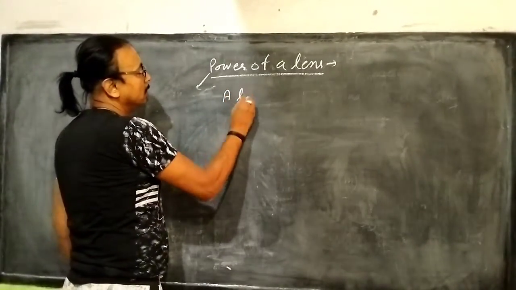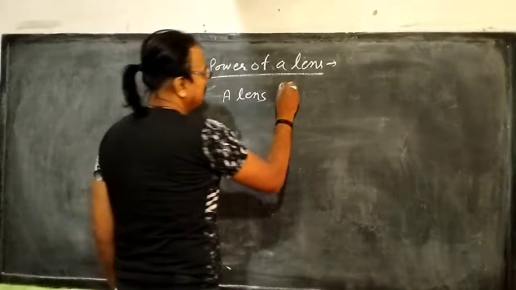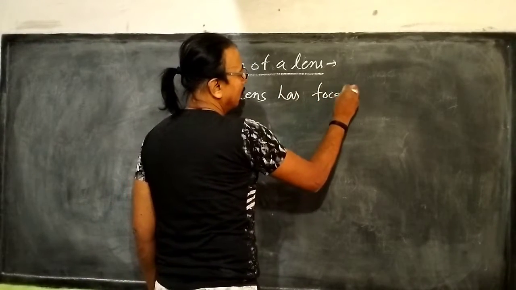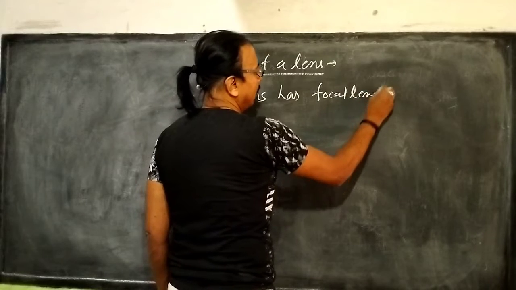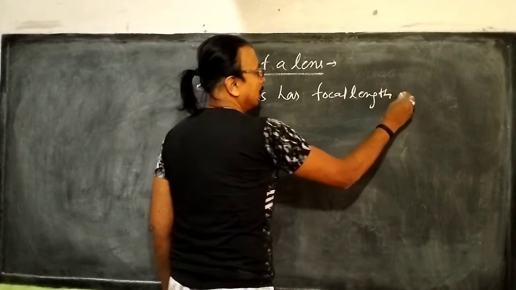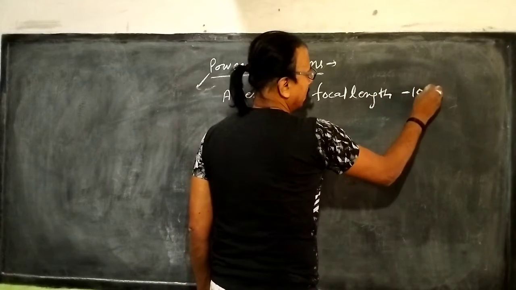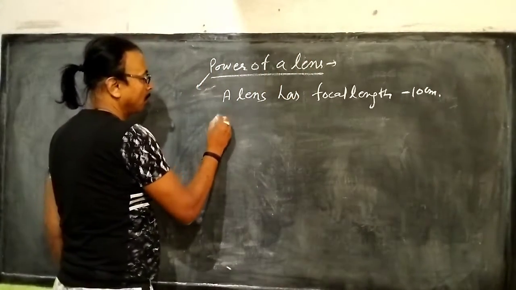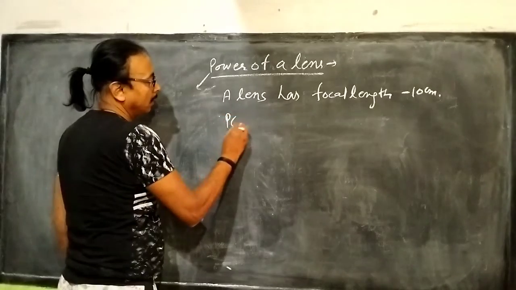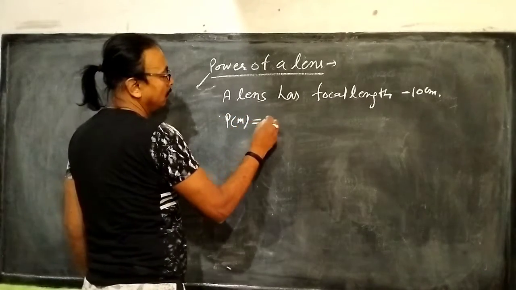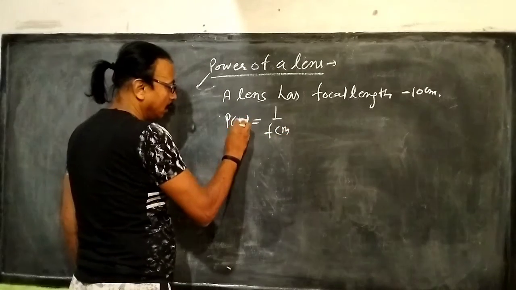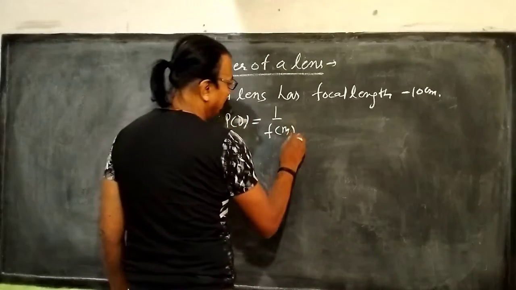A lens has focal length minus 10 centimeter. Then to find its power: power in diopter equals 1 by focal length in meter.